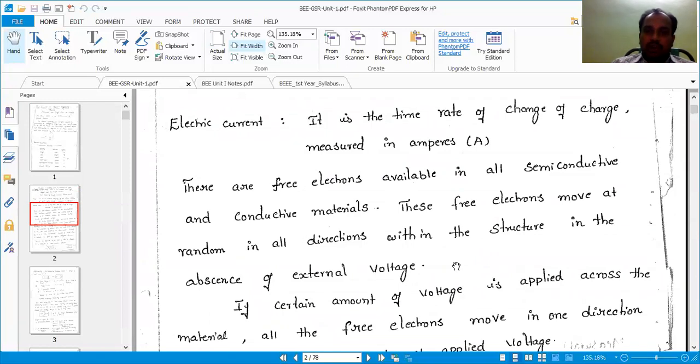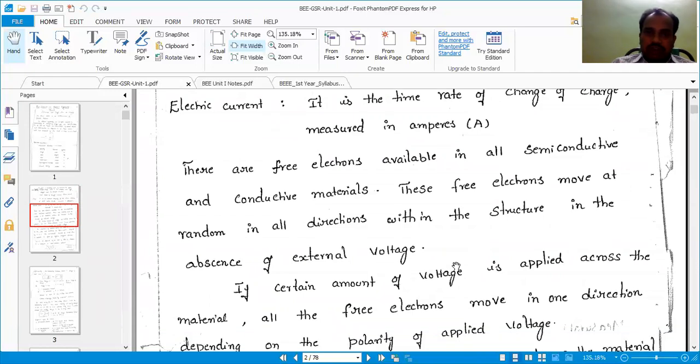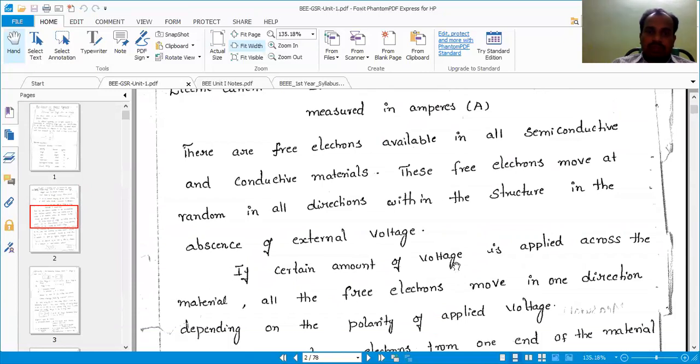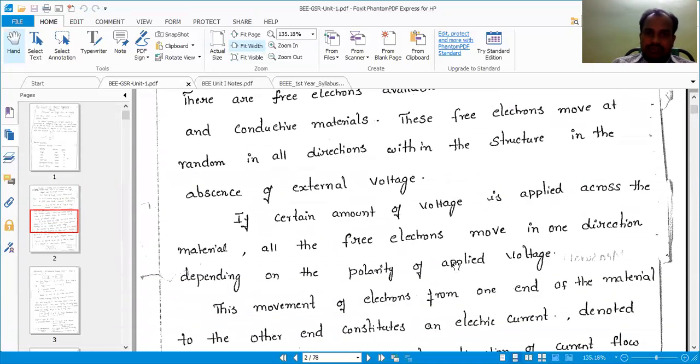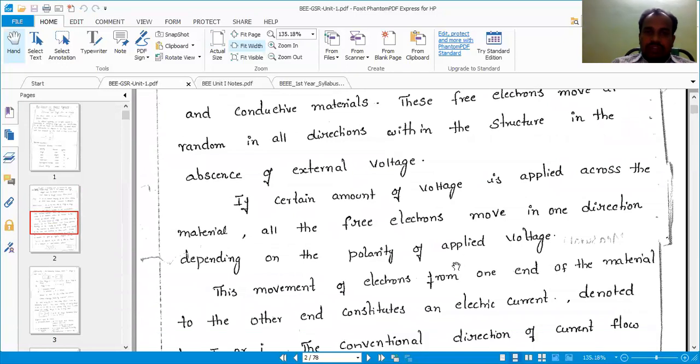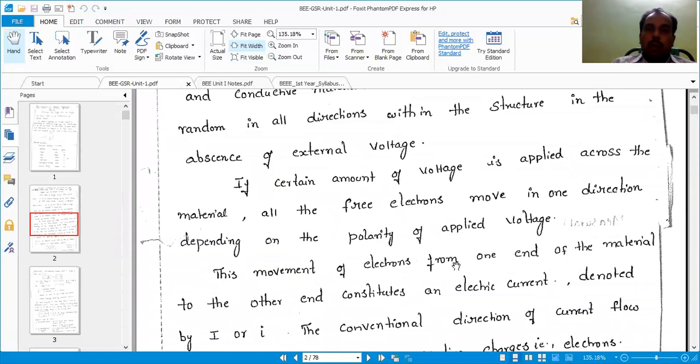There are free electrons available in all semiconductor or conductor materials. These free electrons move randomly in all directions within the structure in the absence of external voltage. If a certain amount of voltage is applied across the material, all free electrons move in one direction depending upon the polarity of the applied voltage.